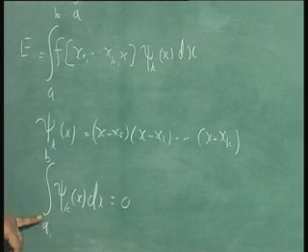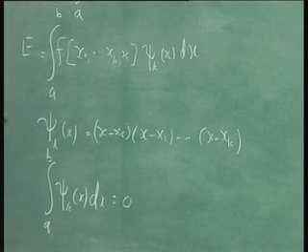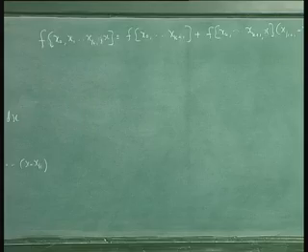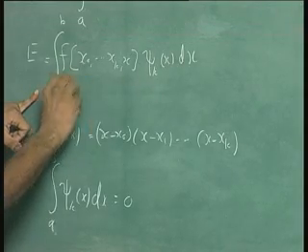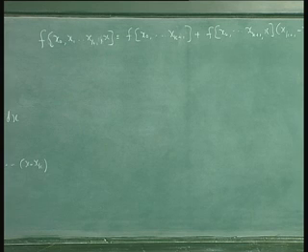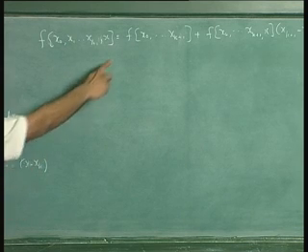In that case we can write this error term using this divided difference, substituting for this quantity from this equation, and using the fact that this is a constant.